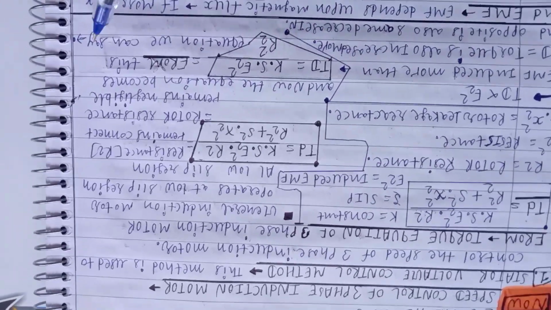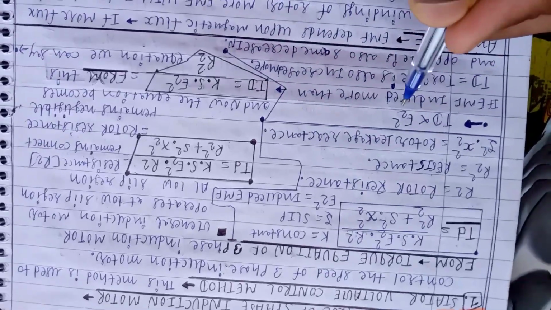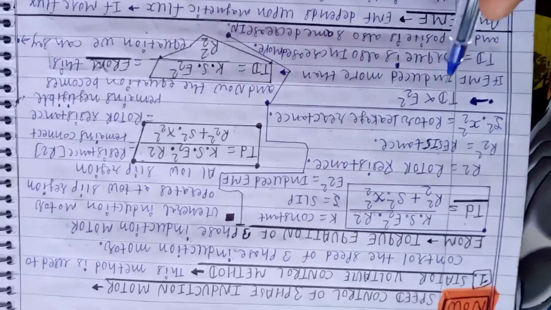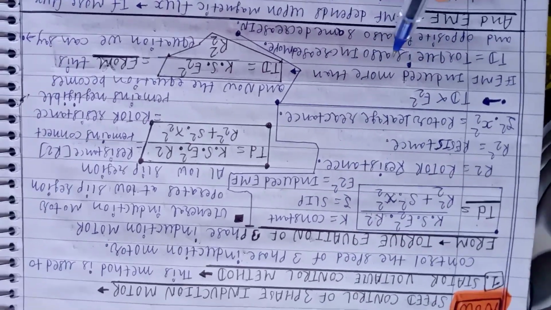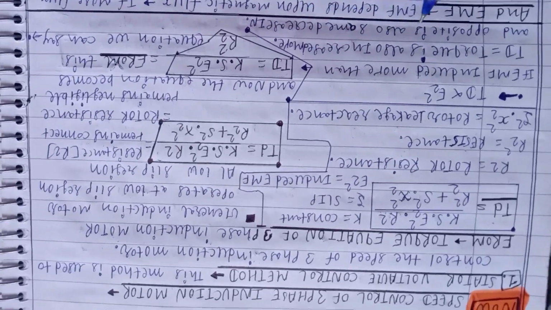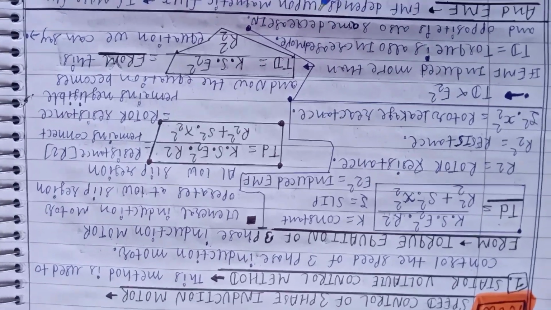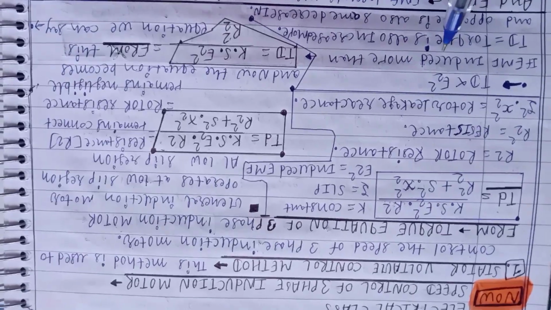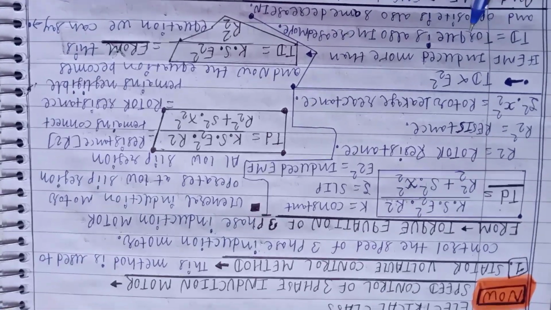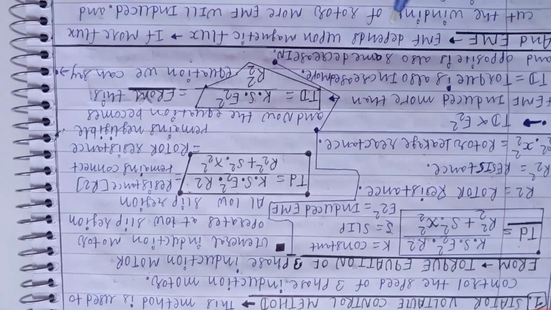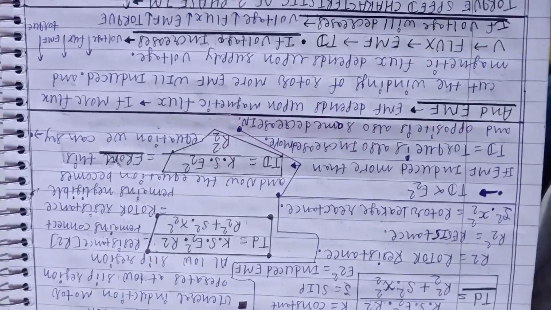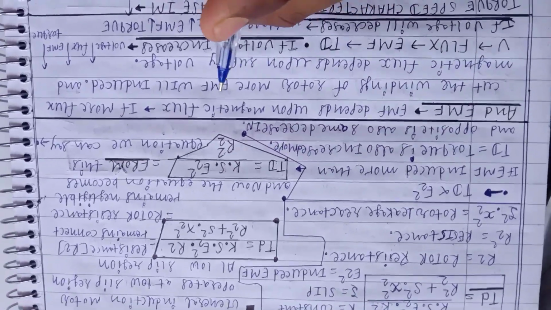From this equation we can say Td is proportional to E2 square. If the induced EMF is more, then torque also increases, and the opposite is also true. If EMF reduces, torque also reduces. And what is EMF? EMF depends upon magnetic flux.